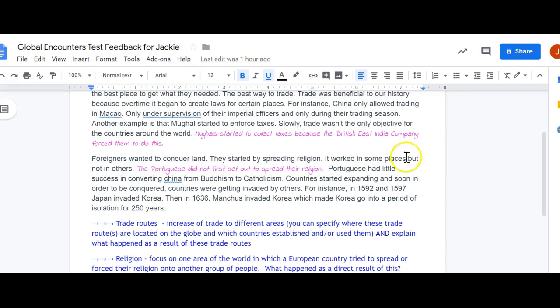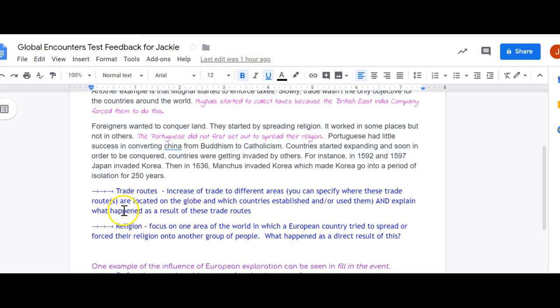So I just want to bring it back around and focus the religion example on one area of the world in which European countries tried to spread or force their religion onto a different group of people.